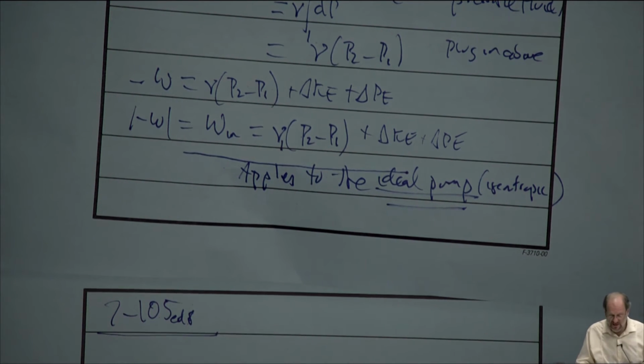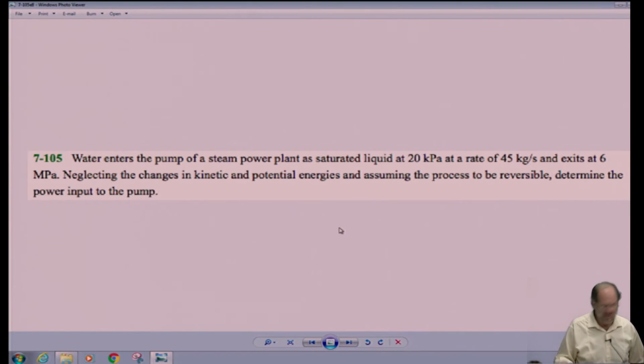So basically it says that water enters a pump of a steam power plant as a saturated liquid at 200 kilopascal and at a rate of 45 kilograms per second and exits at 6 megapascals. It says neglecting changes in kinetic and potential energy, assuming the process to be reversible, then determine the power input to the pump. Okay. So this is the kind of problem that the above equation would specifically apply to.